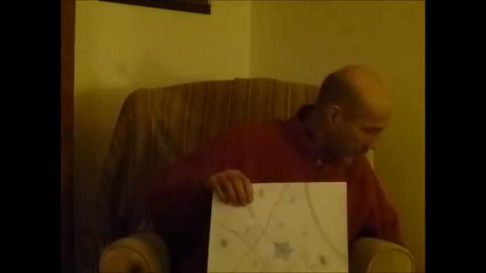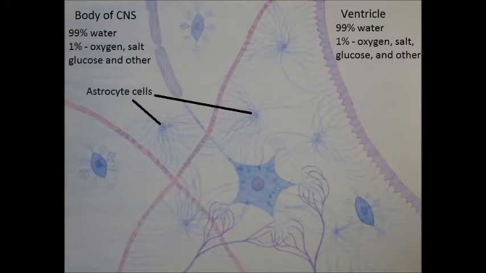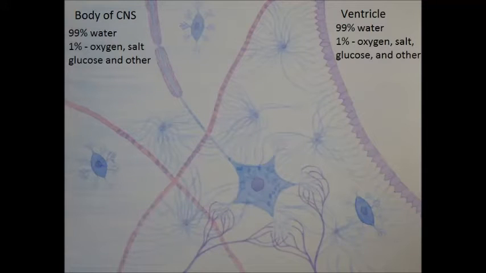Now, the cells in the central nervous system are not joined together. These are cells in the central nervous system, the glial cells, the neurons, the astrocyte cells, the microglial cells, and these are held together by tentacles.